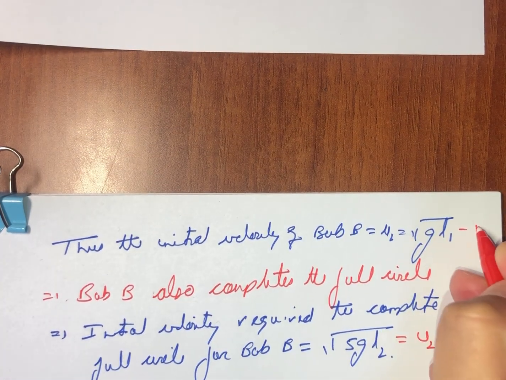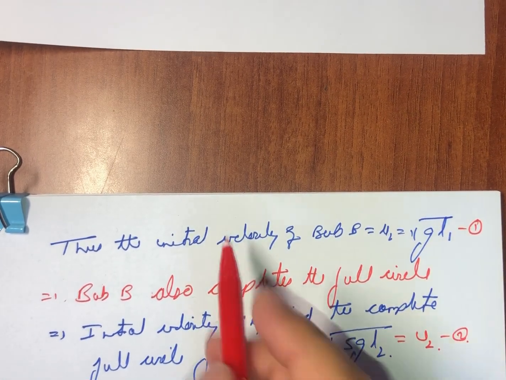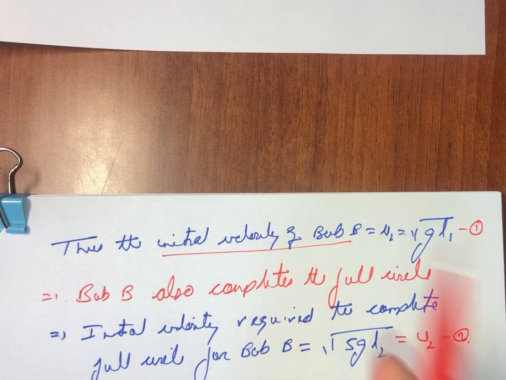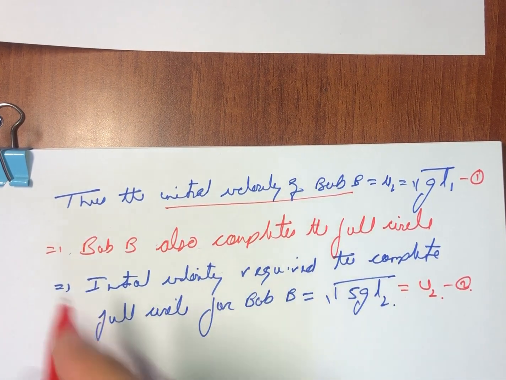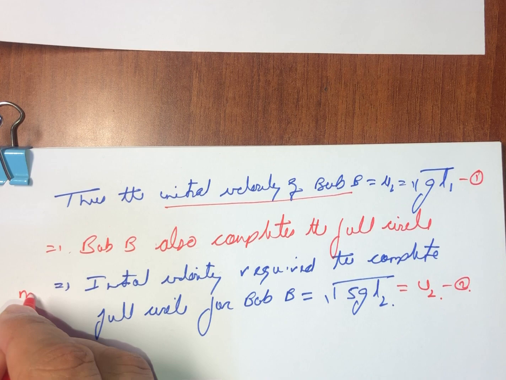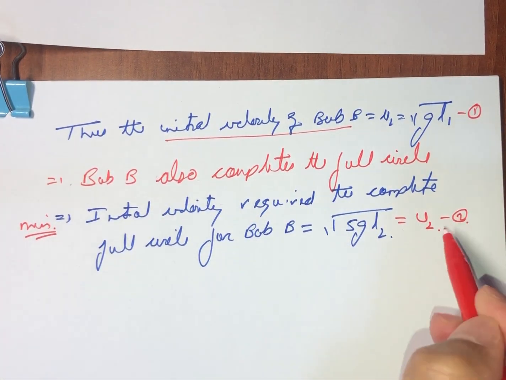Let us call this equation number 1 and this equation number 2. Equation 1 is the initial velocity of bob B, and equation 2 is the minimum initial velocity, so both will be equal.